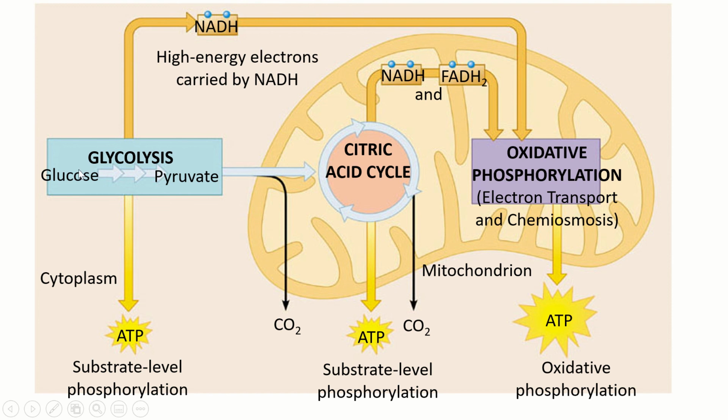Okay, so we did glycolysis in the cytoplasm, made pyruvate, took that into the mitochondrion across both membranes, produced some CO2, did the citric acid cycle, made some more CO2, harvested a bunch of hydrogen and attached them to NADH and FADH2.